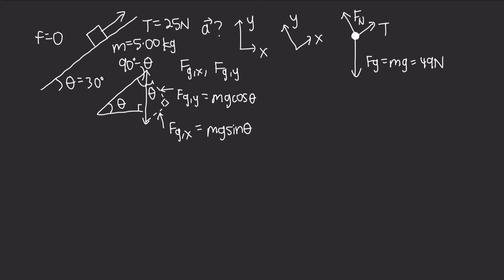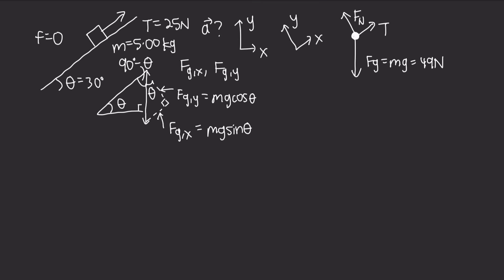And now we have the components of the force of gravity. We have one more force to consider, which is the normal force. However, it is perpendicular to the plane, so it can't affect the motion along the plane, since it has no component along the plane to accelerate the box.